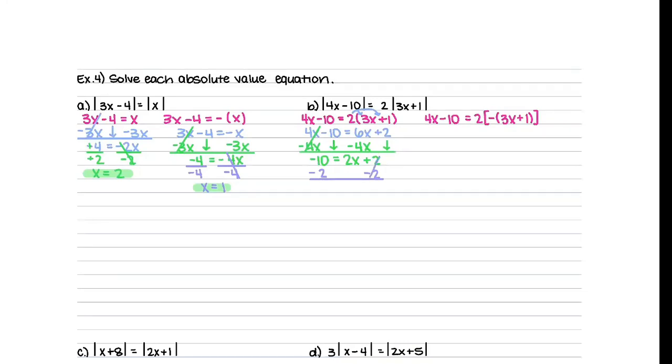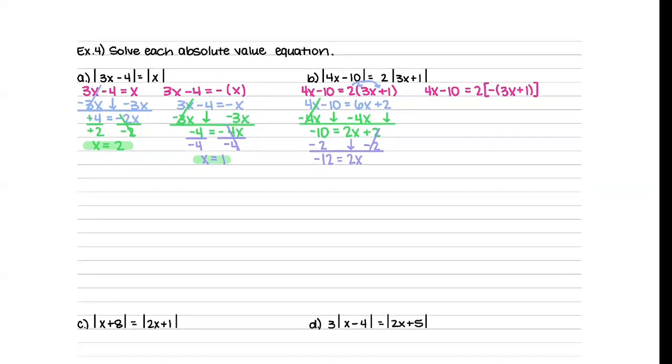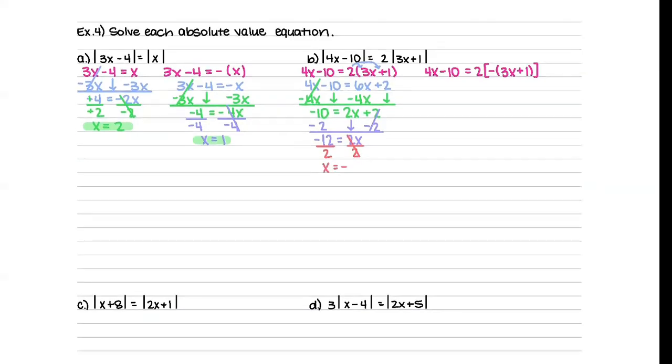My 2's cancel out. My 2x drops down. Negative 10 minus 2 is negative 12. And that's equal to 2x. From here, I'm just going to divide each side by the 2 to get x by itself, and we have that x is equal to negative 6.